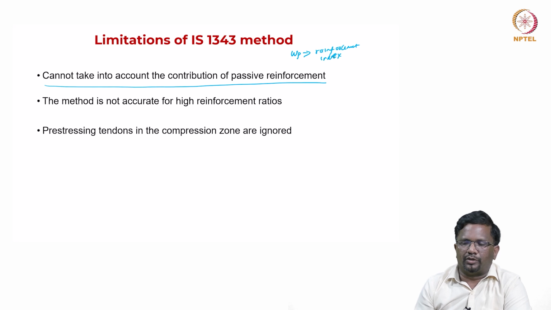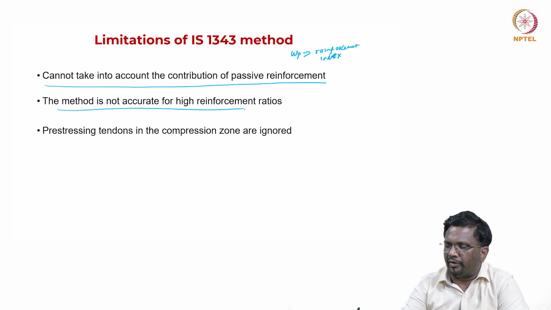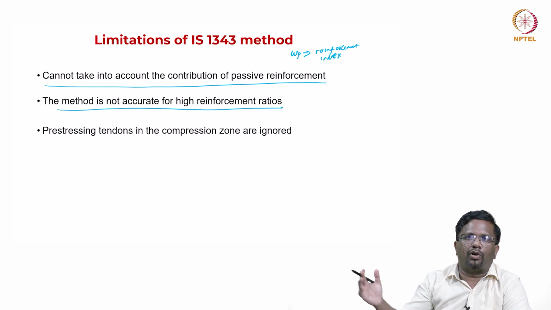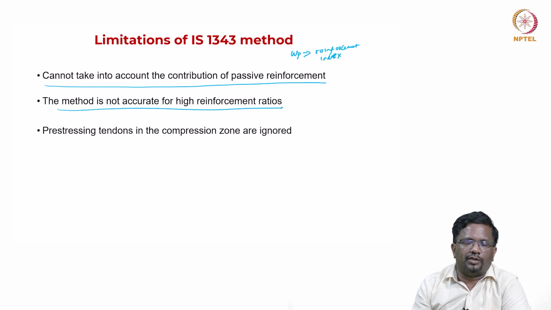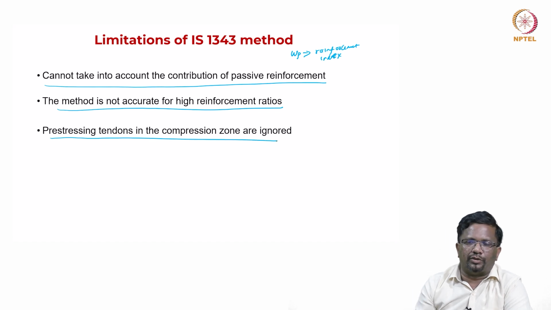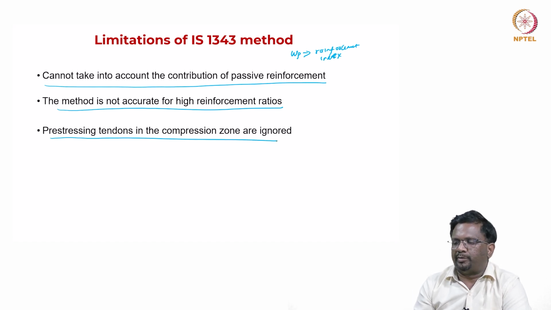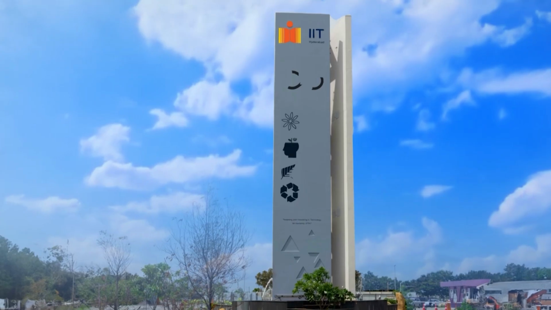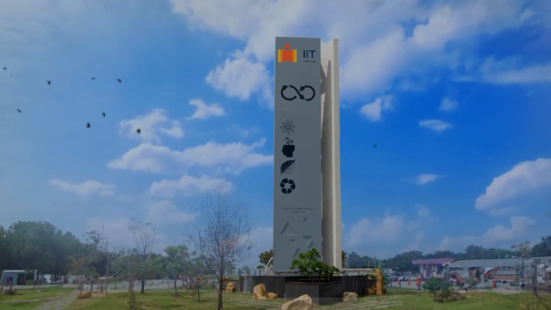Again, the method is not really accurate for a high reinforcement ratio. If you put a lot of pre-stressing steel, then this method is not really applicable. And if you have pre-stressing steel in the compression zone, it is also ignored. So, the approximate method in IS 1343 has a lot of limitations. I would strongly recommend you to use the strain compatibility approach for calculating the moment resistances.